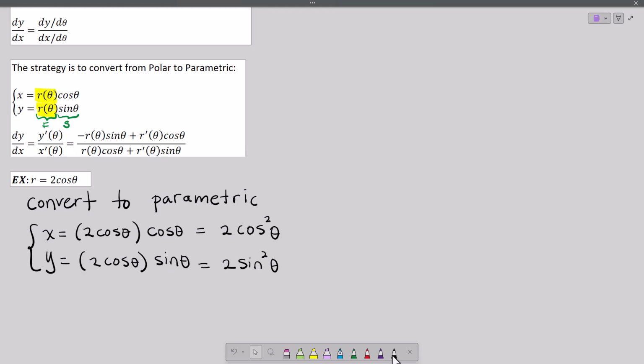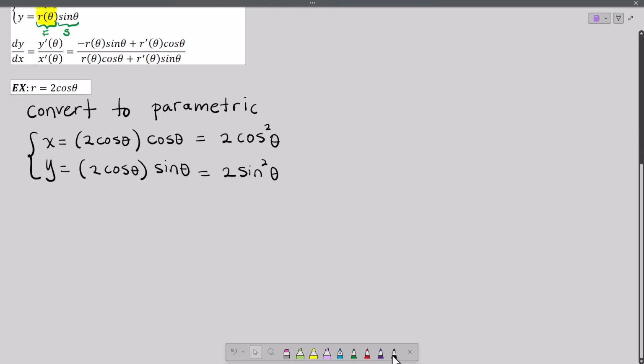So y prime is a function of theta, x prime is a function of theta. We can now do that. Isn't that just going to be 2 cosine theta sine theta? Oh, yeah, I didn't do my simplification very well there. That's called bad math. Yeah, thank you. So those are our two equations.